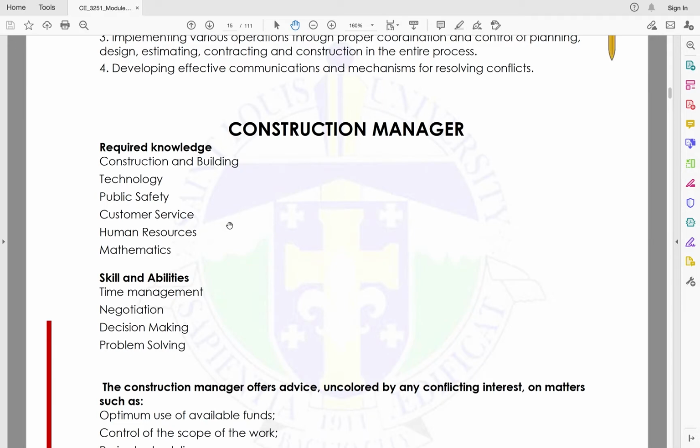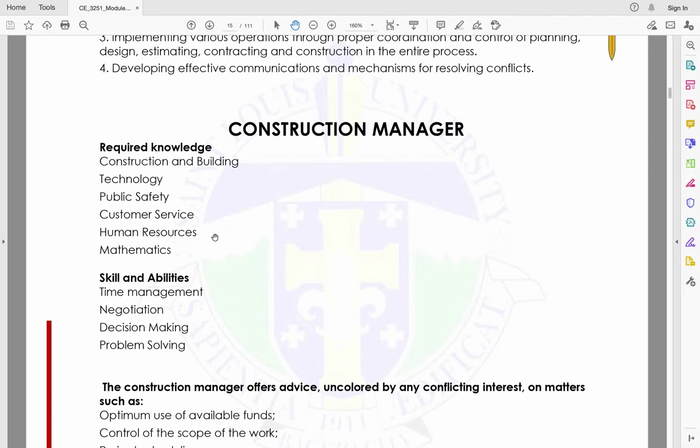You are also required to deliver the required deliverables to the client. Okay, and that is customer service. And yeah, you should be a good communicator here.